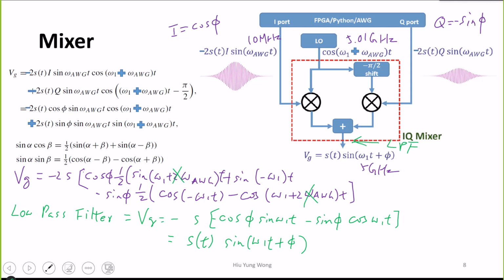Can you summarize the importance of this mixer again? The important thing is that it allows us to generate a precise signal with a precise shape at low frequency, and then it helps us to bring this to high frequency. So basically it's like this. We might have a signal like this, right?